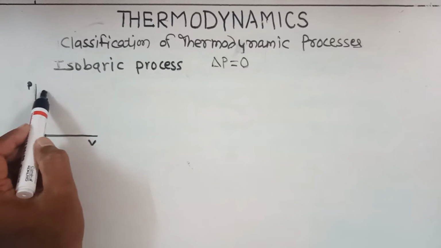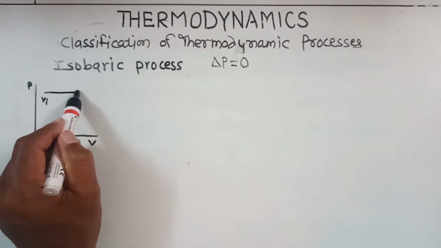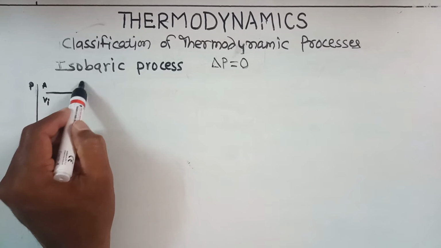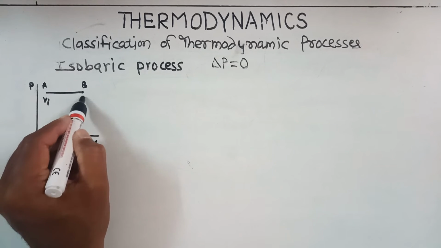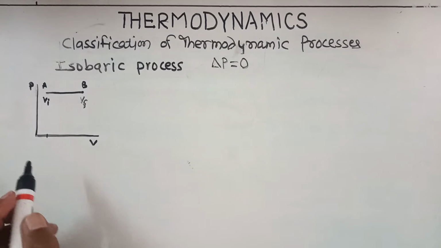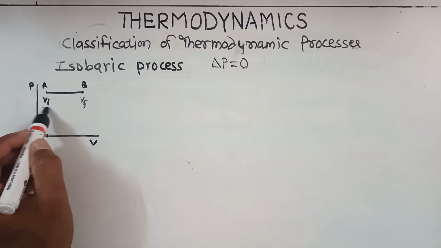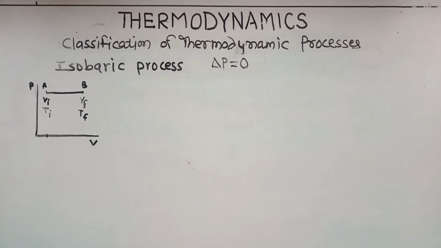In isobaric process, the pressure is kept constant, so the system changes from this initial state A to the final state B. At the final state, suppose the volume is Vf, and as there is change in volume, work is done, and also there is change in temperature. Suppose the initial temperature is Ti and the final temperature is Tf. As there is change in temperature, there is change in internal energy of the system.